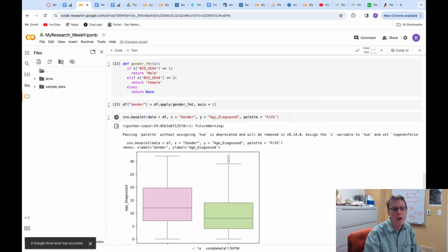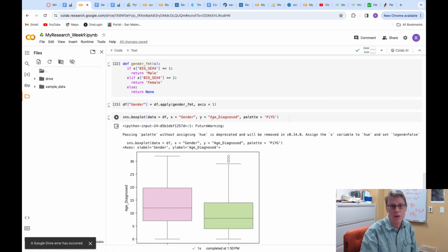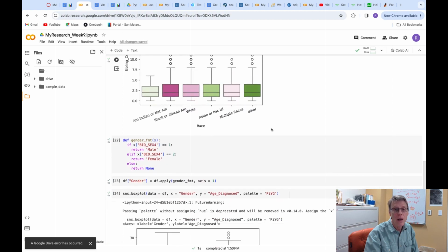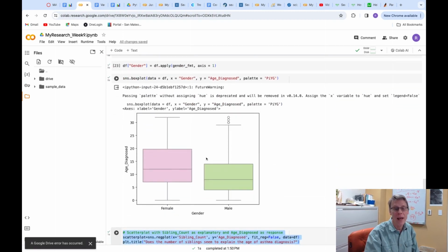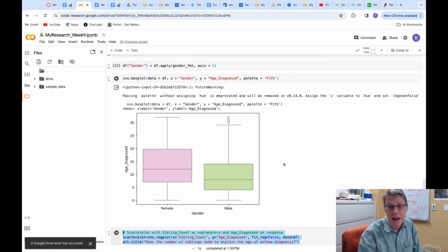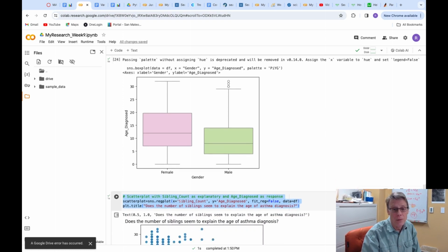I don't know, making this up, but that's what I might expect. So I'm going to put the sibling count as my X variable and the age diagnosed as my Y variable, with that model in my mind.